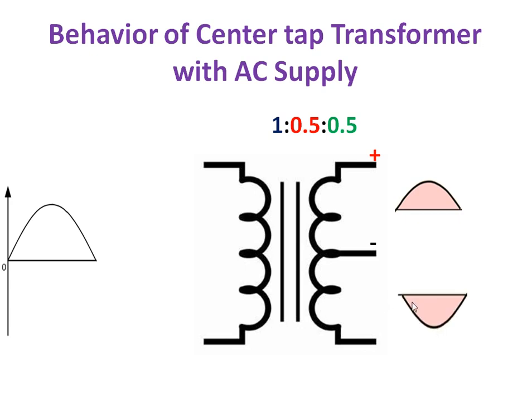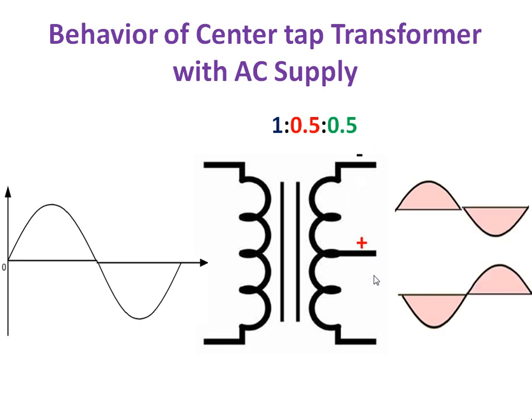In the second portion I am getting a 180° phase shifted waveform. So this side will become plus and minus, and the other side will become minus and plus. During the negative half cycle, minus, plus and minus, plus. So this plus and minus will cancel each other, so you will get 0 volt.